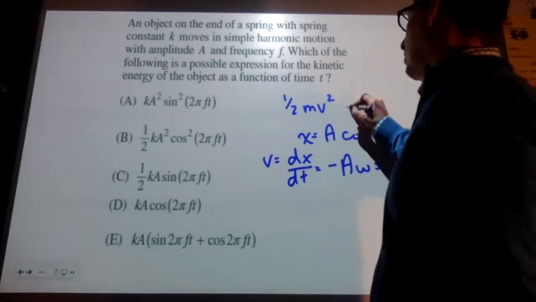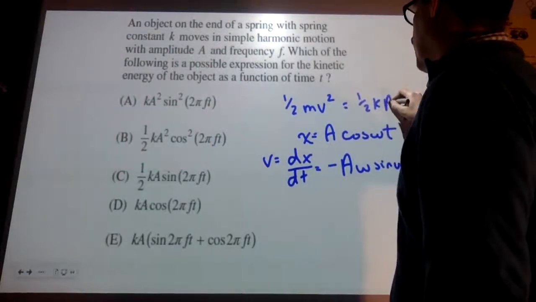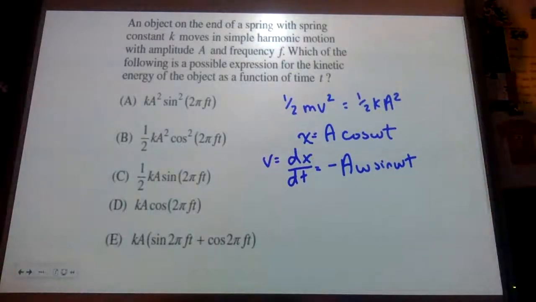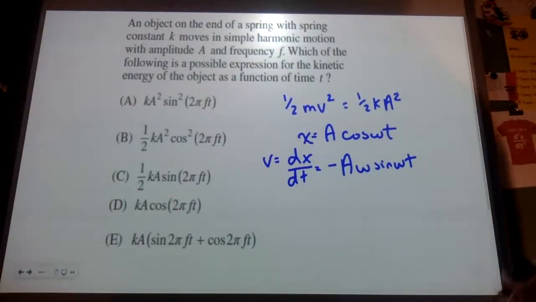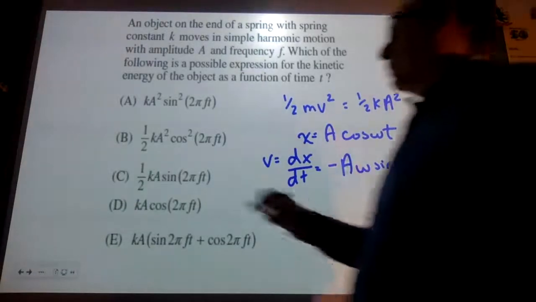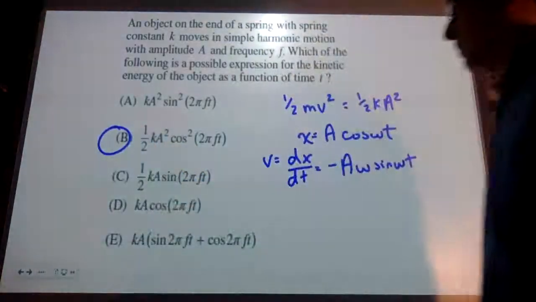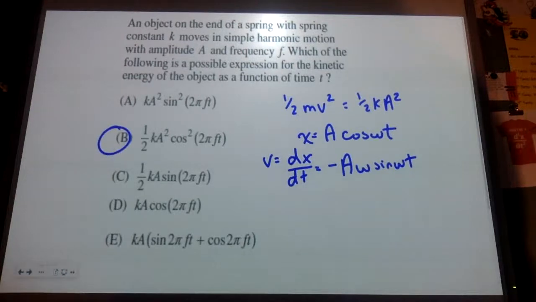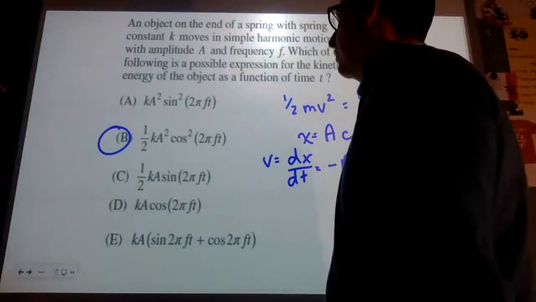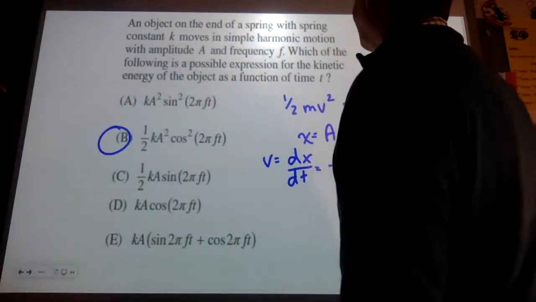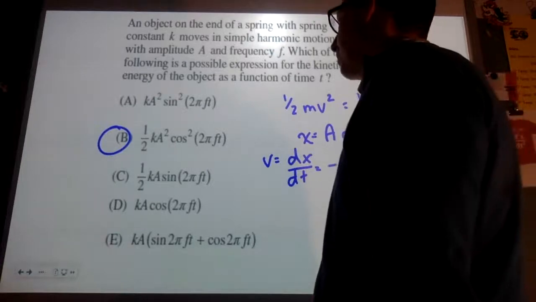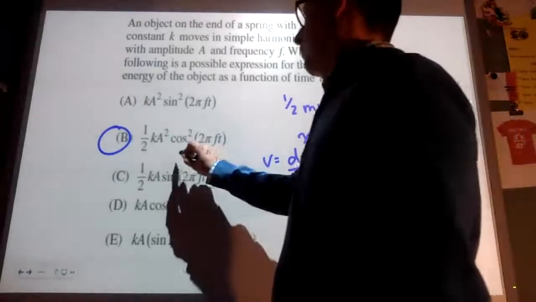It would also be equal to one half k A squared, right?